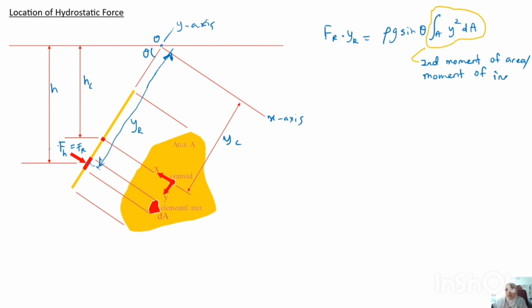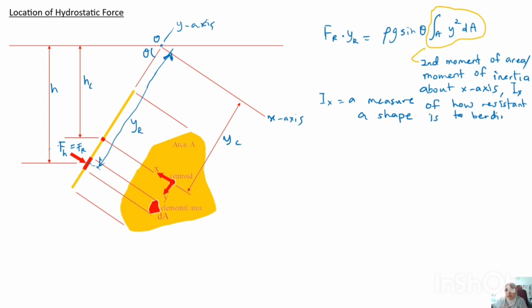Moment of inertia about the x-axis. We call it Ix. So in other words, Ix is a measure of how resistant a shape is to bending.